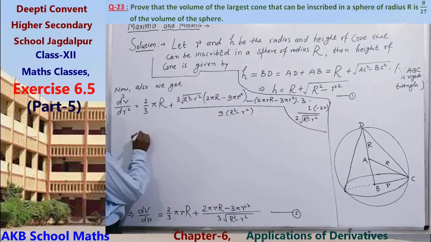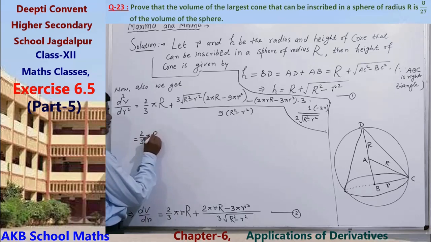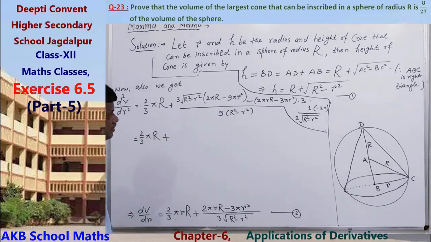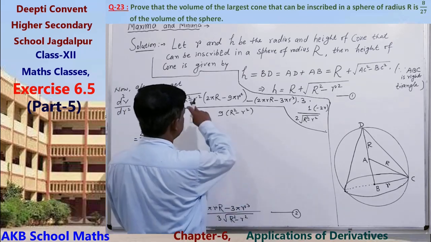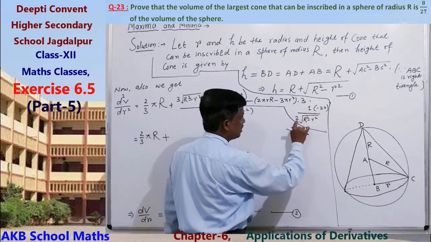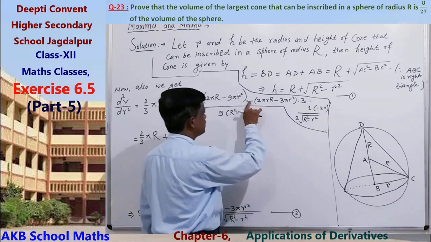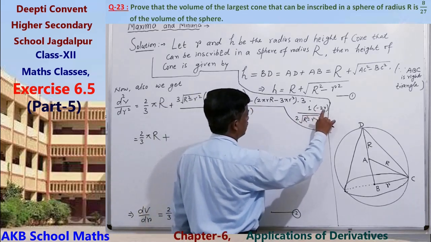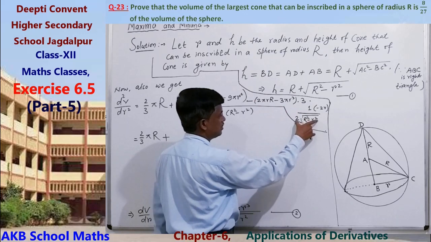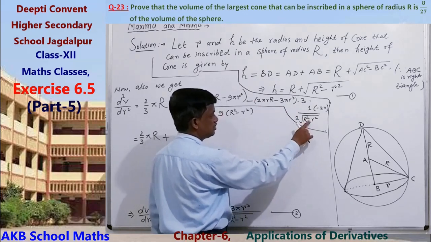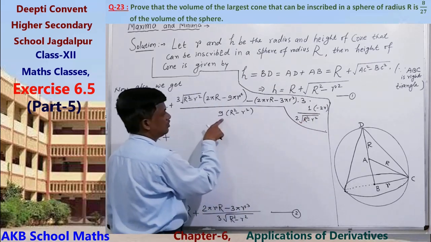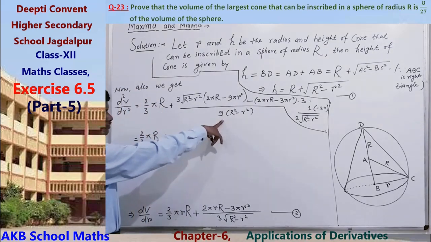So this equals 2 by 3 pi R plus, we can write by taking the LCM in the numerator. How? The 2 cancels, minus, plus, r multiplied to this, before this 3, this is the denominator, so this is multiplied to this, and this comes to the numerator.